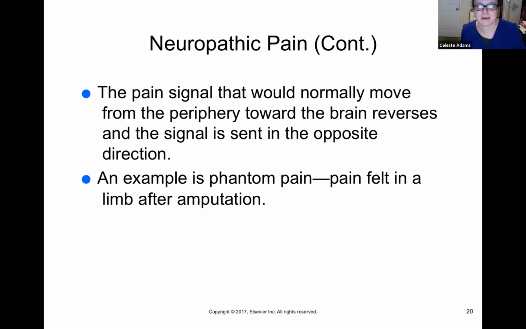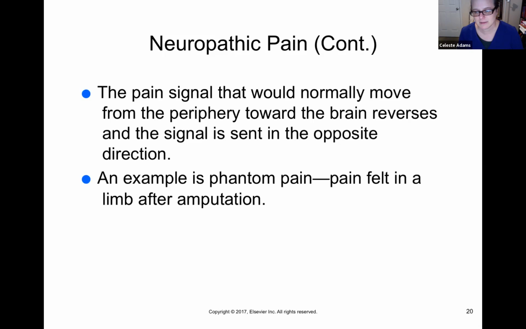Normally, the sensation comes from the periphery and moves inside. However, in neuropathic pain, it's the opposite. It moves from in to out. An example is phantom pain, a neuropathic pain felt in a limb after an amputation.